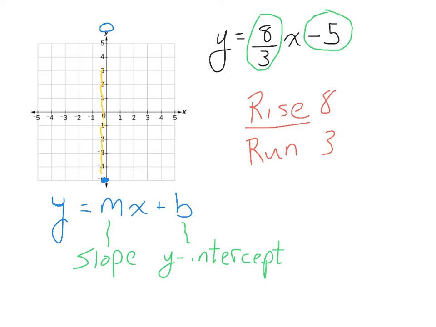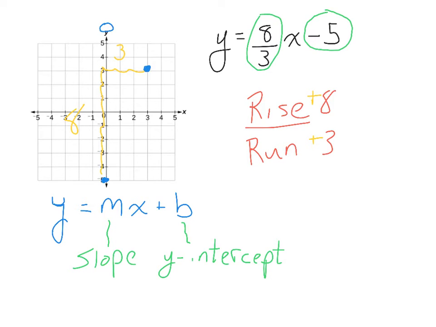And now I need to run 3. 1, 2, 3. Now you notice I went up 8 because this was a positive number. That means I'm going up. I went to the right 3 spots, again because this is a positive number, and I'm going to go to the right. So now that I have that, there is my second point.